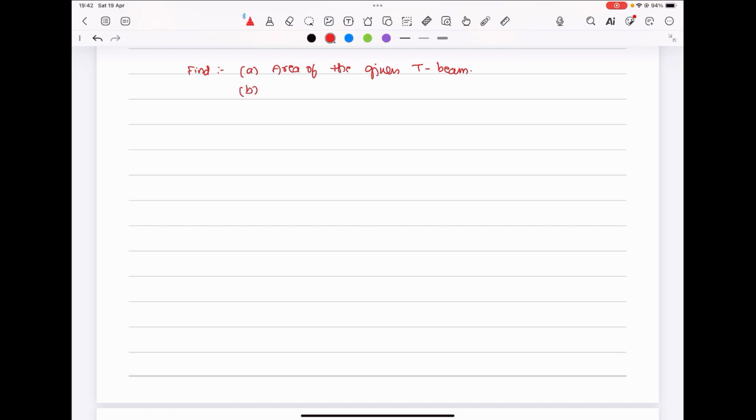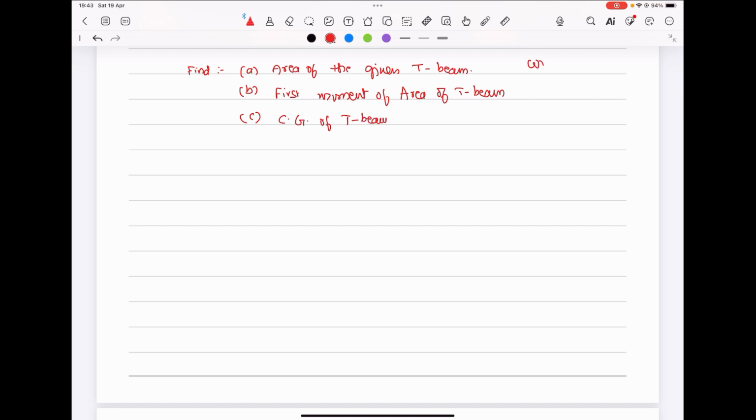Second, the first moment of area of the T-beam. Third, the center of gravity of the T-beam.